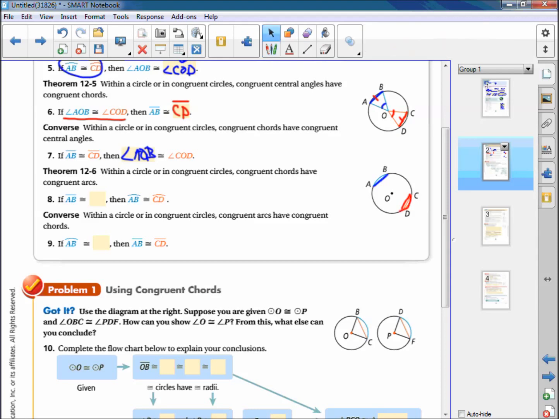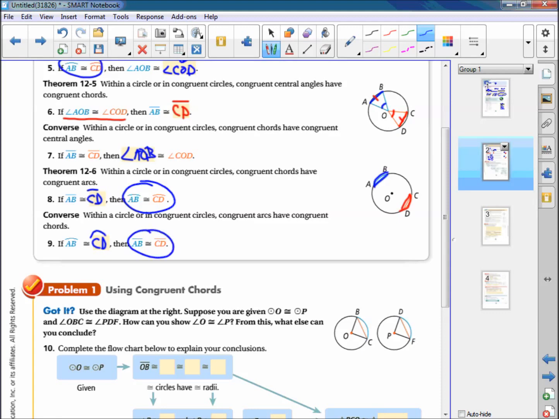This arc will be congruent to that arc. So if AB's chord is congruent to CD's chord, then the arcs related to them are also congruent. And if AB's arc is congruent to CD's arc, then the chords related to them will also be congruent. Now notice in all these theorems it says within a circle or congruent circles.